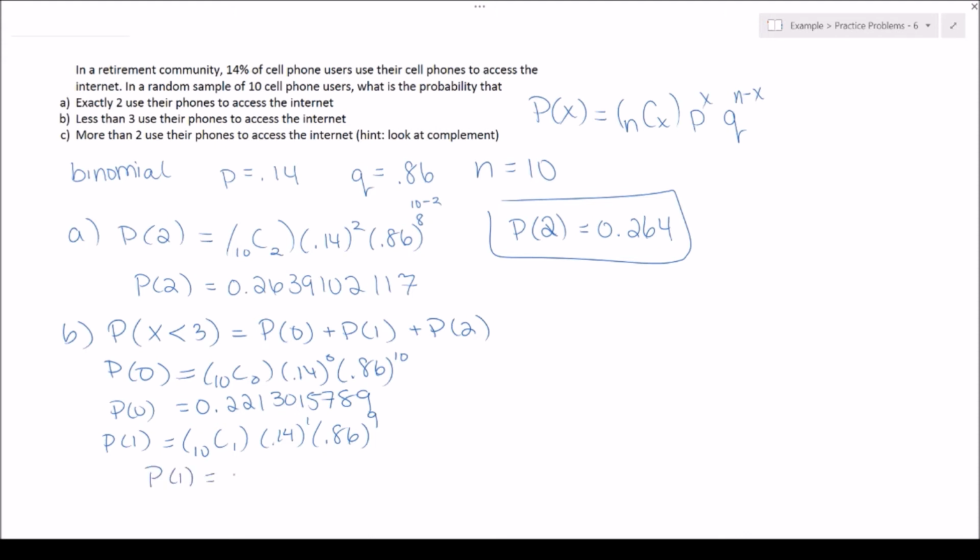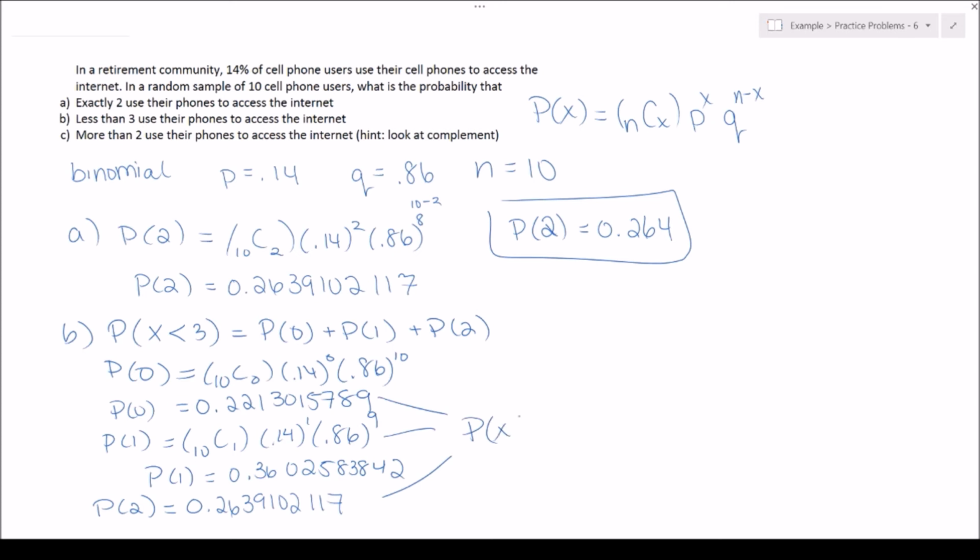P of 1 is 0.360 2583842. And P of 2, we already found from part A. And we're going to add these 3 values up.